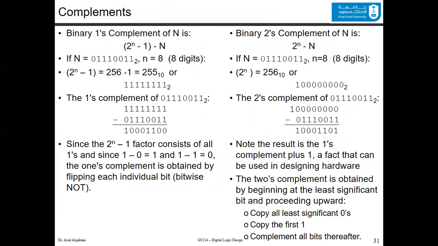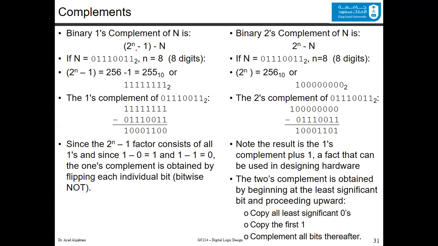Now, we studied the ones complement and also the twos complement. The ones complement of any number n is 2 to the power of n minus 1 subtracted from n. While the twos complement is 2 to the power of n only subtracted from n. This is the definition of the ones and the twos complement.